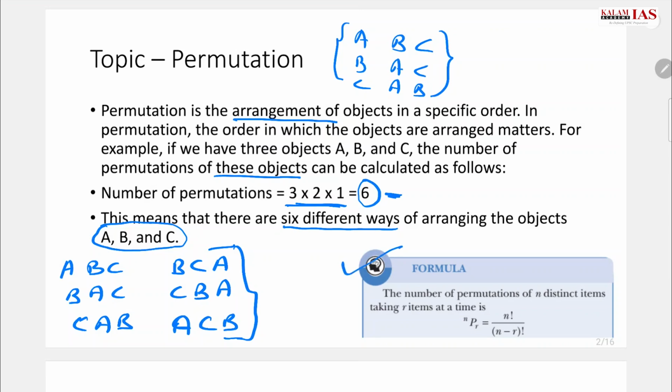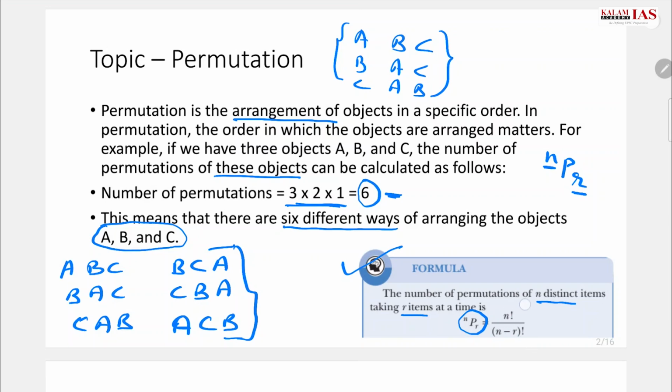Now coming to the formula. The number of permutations of n distinct items taking r items at a time is nPr. Here P is permutation, n is the number of distinct items, and r is the number of items taken at a time. On simplification, it is n factorial divided by (n minus r) factorial.